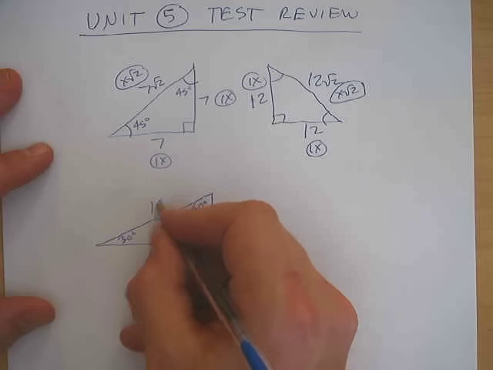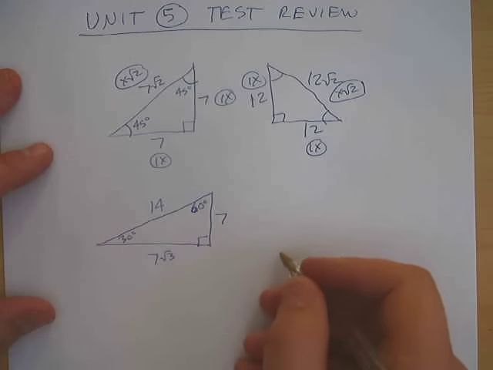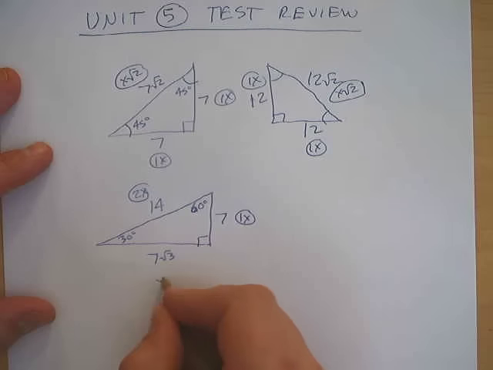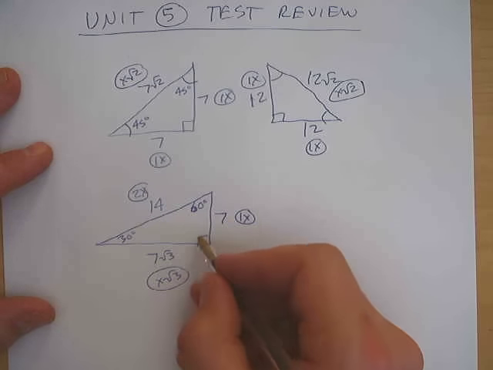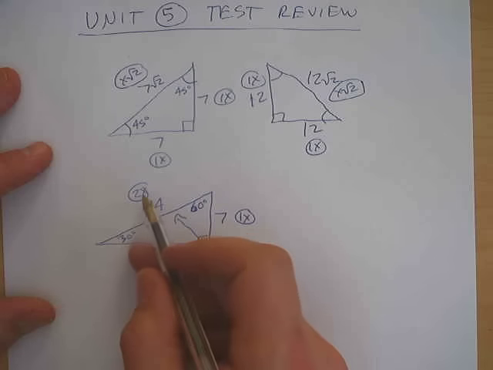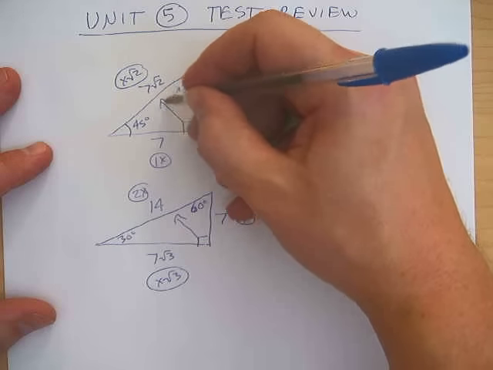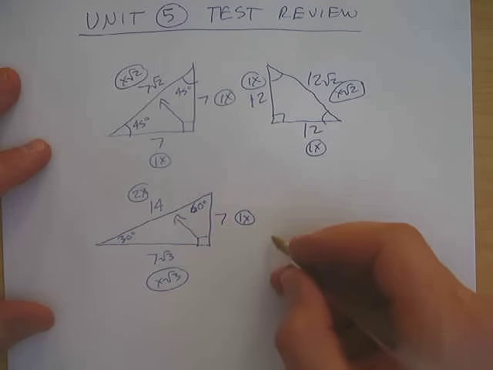To get the hypotenuse, I'd have to double it. So this side would be 14, and then this side would be 7 square root of 3, because this triangle is a 1, 2, square root of 3 triangle. Okay, remember, the 2x is the biggest side that's on the hypotenuse, just like over here, the square root of 2 is on the hypotenuse.